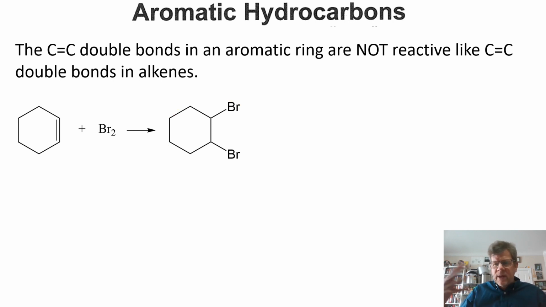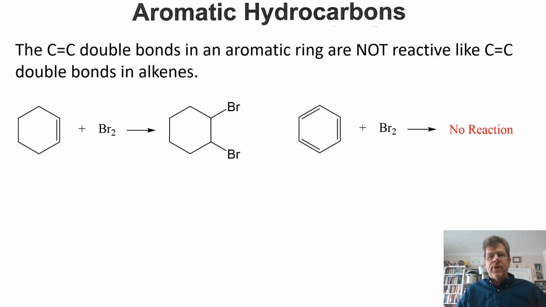And we spent a good amount of time looking at examples of halogenation of an alkene. However, if I treat an aromatic ring with molecular bromine by itself, I get no reaction. So this double bond here is not around long enough to react.